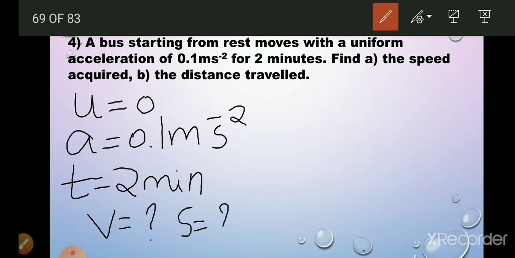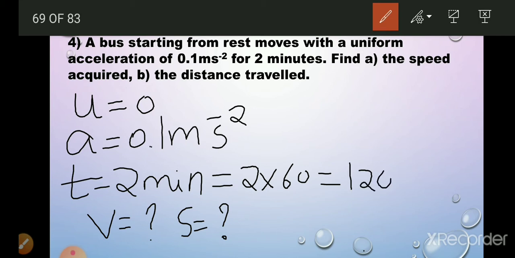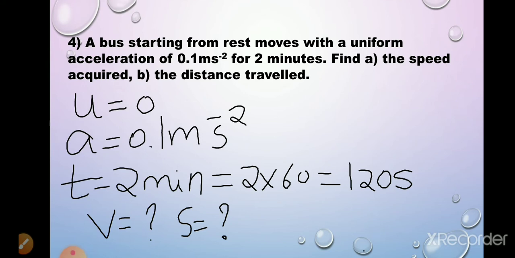You have to find this quantity. So acceleration is equal to 0.1, time is in minutes, you have to convert it into seconds, 2 minutes into 60 seconds, which is equal to 120 seconds.